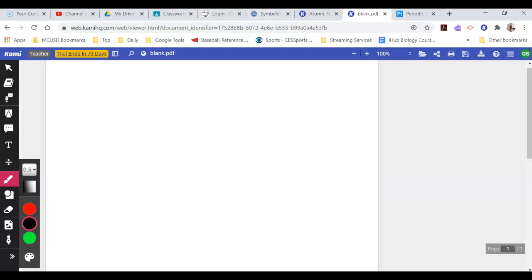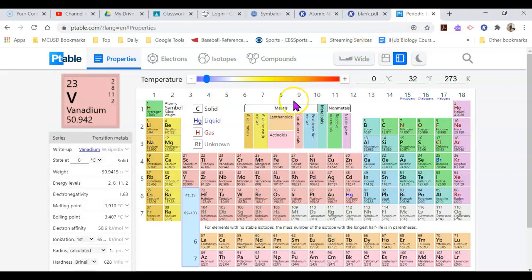One thing you might want to have open is a website called ptable.com that gives you the periodic table right at your fingertips, or you can use the inside back cover of your textbook that also has the periodic table.